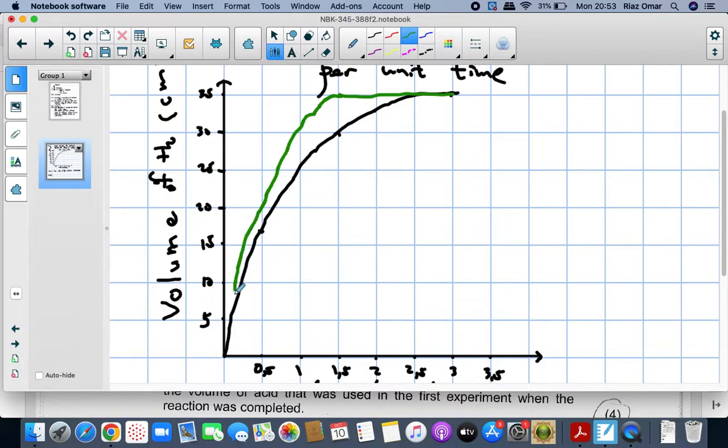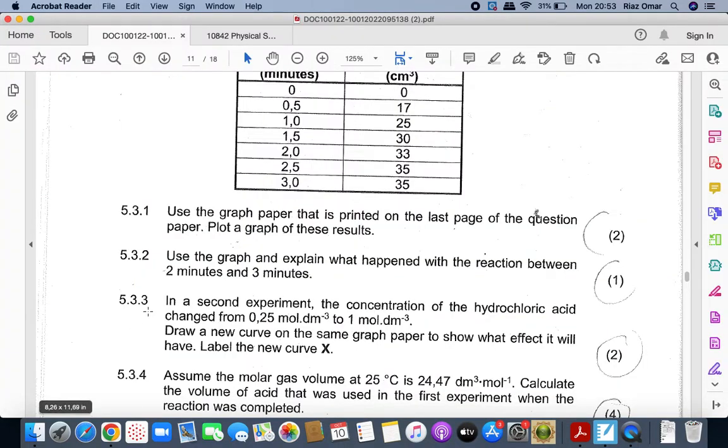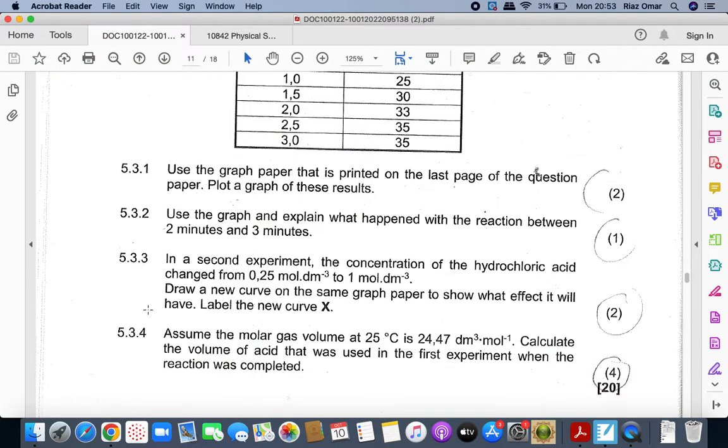And it should start at, okay, something to that effect. And they say label as X, no? So we label this X. Okay, so that will be question 5.3.3. Alright.